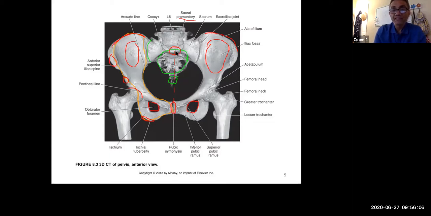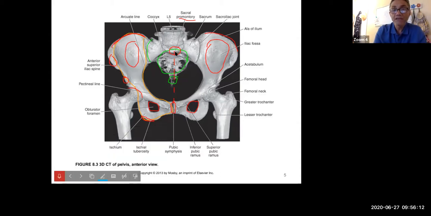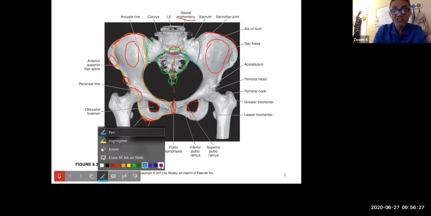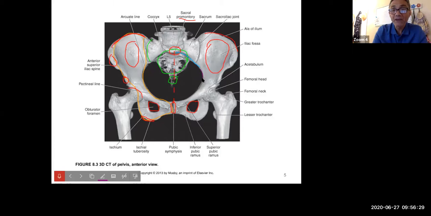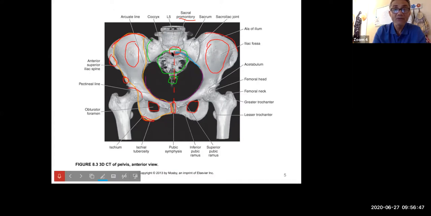If I move along the right or left margin of the sacral promontory, this is what we refer to as the arcuate line. Further, the arcuate line is in continuation with this line that we call the pectineal line. So I have a pectineal line on the right and on the left, respectively, and also an arcuate line on the right and on the left.